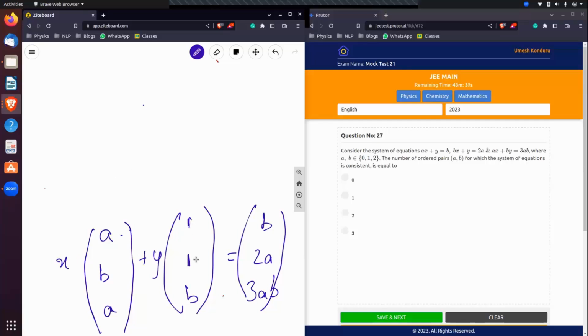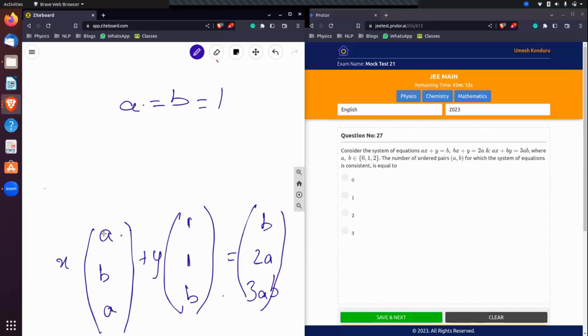And since you have 1 and 1, the first two components, if this is parallel to this, you would have a equals b. And you have a here, and if a equals b, the only case they do become parallel is when both of them equal 1.